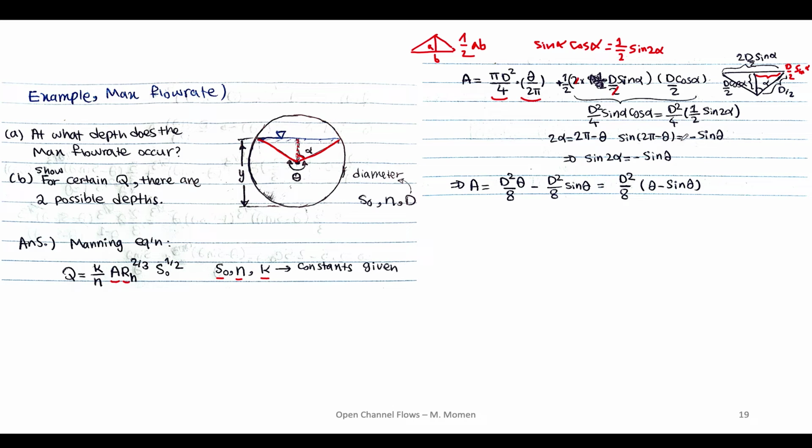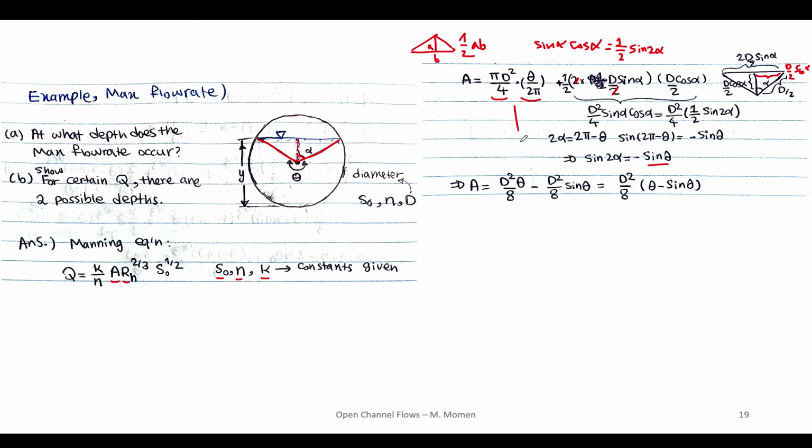Okay, so these all tell me that sine 2 alpha, which is sine of 2 pi minus theta, is gonna be minus sine theta, right? So now I have a relation for the area based on theta, which is what I wanted.